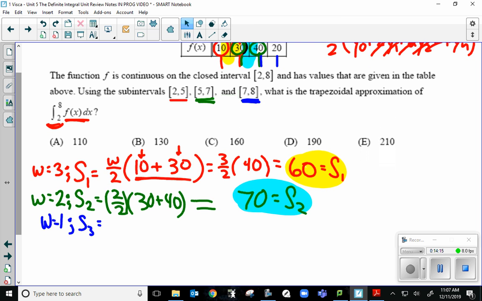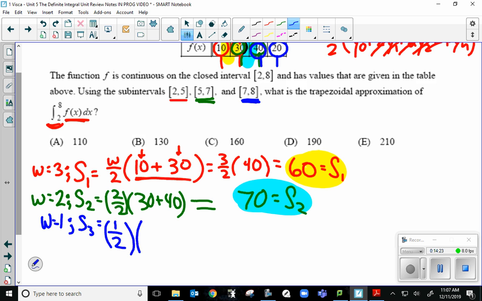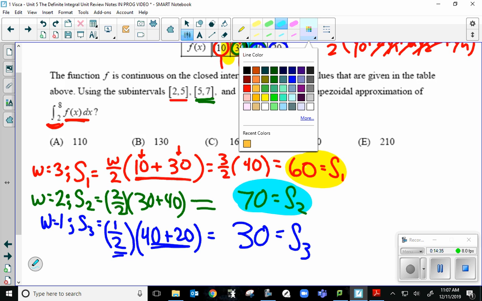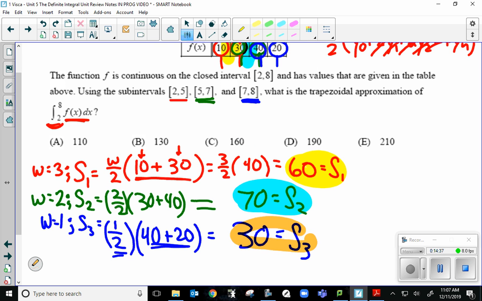Now, in blue, my width is 1 over 2, and the 2 y values are 40 and 20. Well, 40 and 20 is 60. Half of 60 is 30. That's the area for subinterval 3. Highlighter, highlighter, I love you. So here we go.